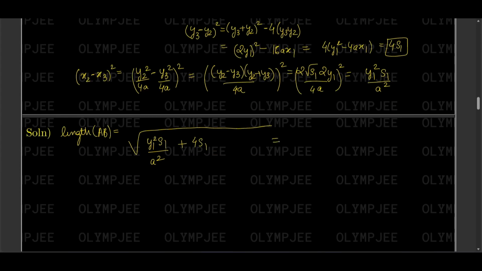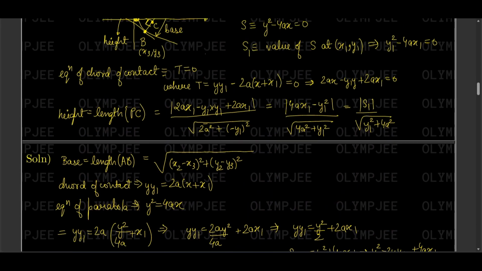So simplifying this by taking the LCM, I will get y1 square s1 plus 4s1a square divided by a square, which is equal to root of s1 multiplied by y1 square plus 4a square divided by a. I have taken this a square out of the root.